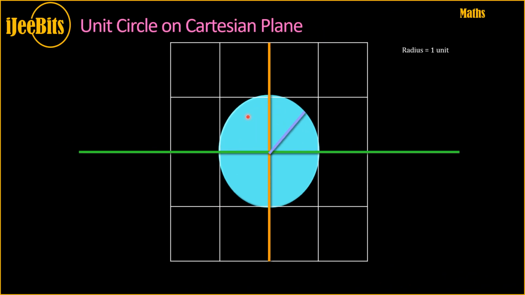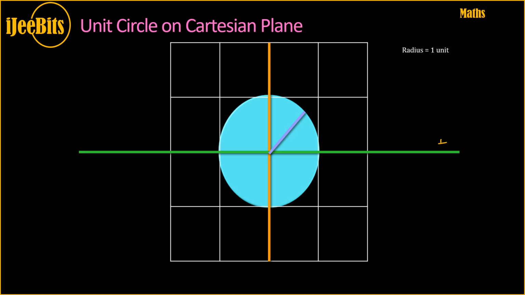If you see, I placed a unit circle on the Cartesian plane. Unit circle means the radius of the circle is equal to 1 unit, right? Let's try to find out the coordinates for this unit circle. So let me pick my pen to represent values.